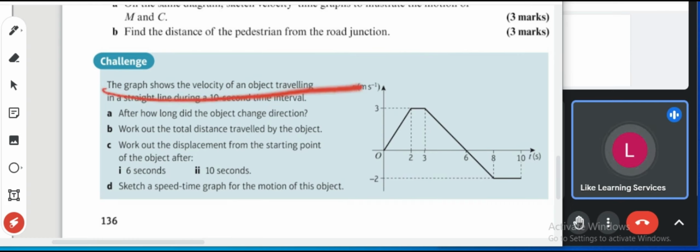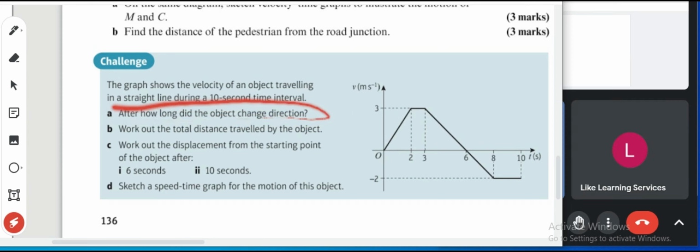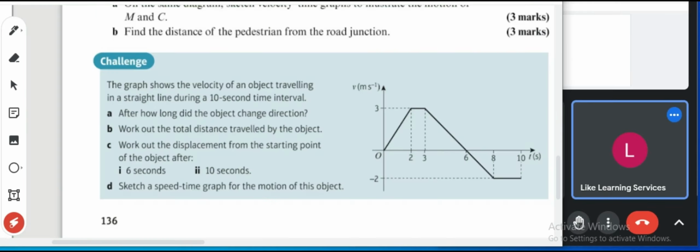The graph shows the velocity of an object traveling in a straight line during a 10-second time interval, from 0 to 10. After how long did the object change direction?